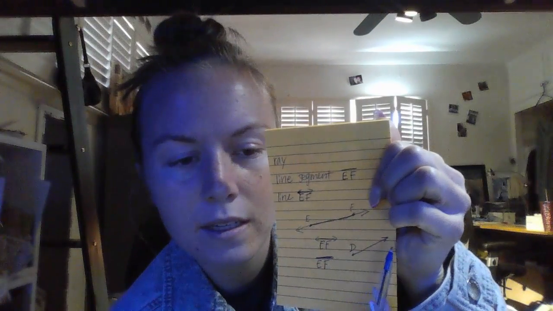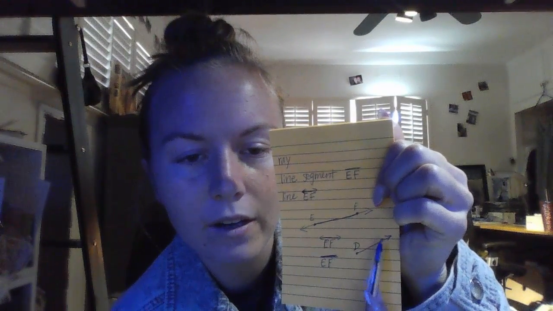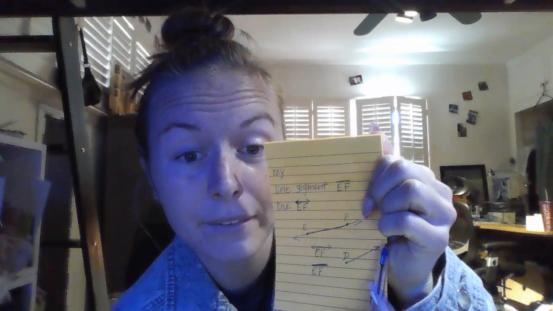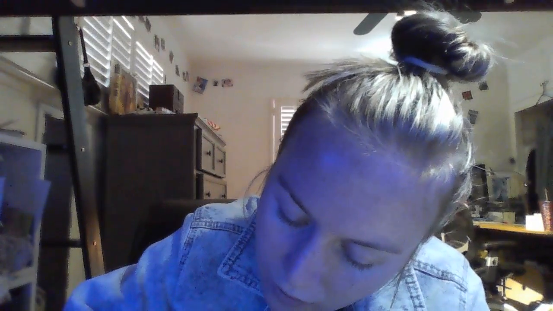And we're just going to take it and extend it with a nice arrow. So this is our starting point and it never ends. And that's our ray. The way we would draw our ray would be D with a line and an arrow on one side.